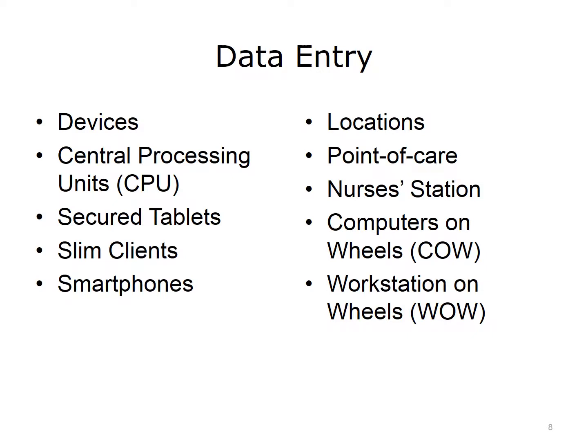Slim clients, also known as thin clients, are also connected small computers. However, slim clients are dumb terminals that do not have any capacity for data storage. The advantage of the slim client is that it assists in maintaining confidentiality and data security.